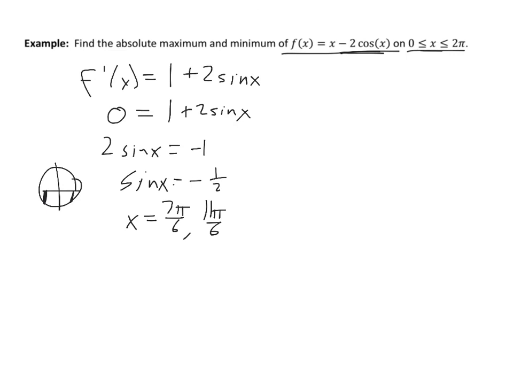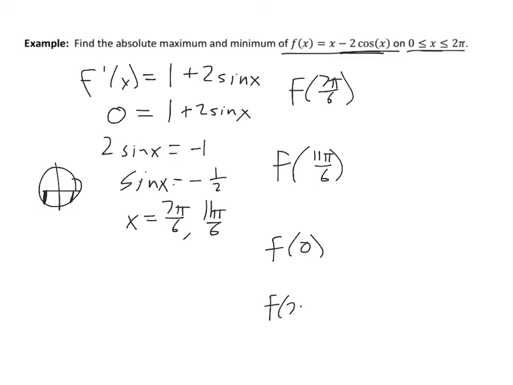So all I need to do here is evaluate what is f of 7 pi over 6, and what is f of 11 pi over 6, and then what's f of 0, and what's f of 2 pi. After I get these 4 answers, I just pick the biggest one to be the absolute maximum and the smallest one to be the absolute minimum.